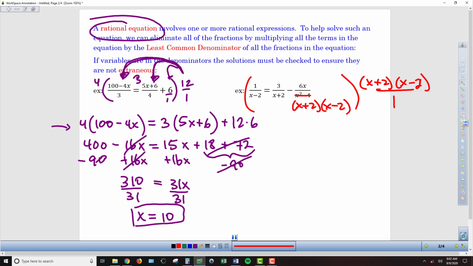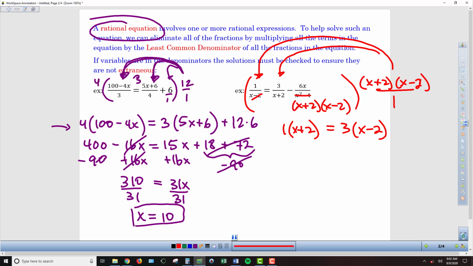So I'm going to use the same approach as I did previously, where this whole expression multiplies each of the 3 fractions. So in this first case, I'm going to cross cancel the x minus 2's, so I'm going to be left with just x plus 2 times 1. It's going to be equal to, now I'm going to do the same thing here. So now the x plus 2's are going to cancel out, but I still have 3 times x minus 2.